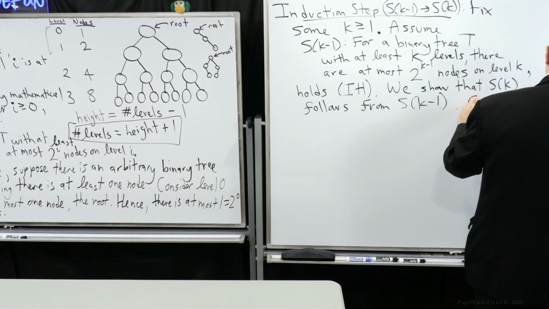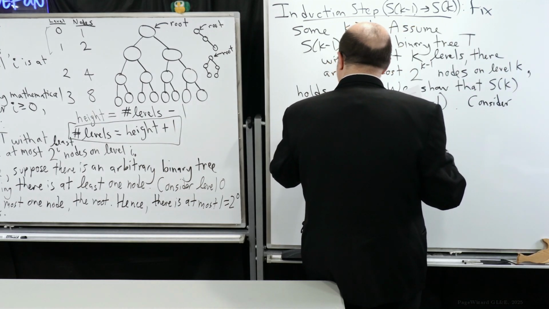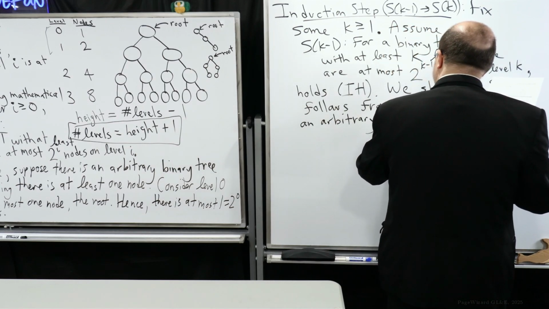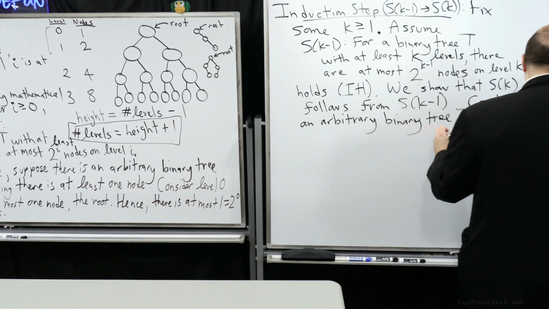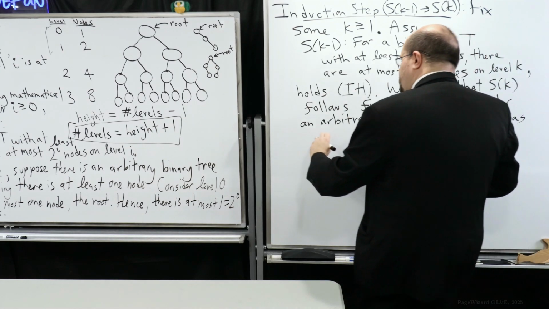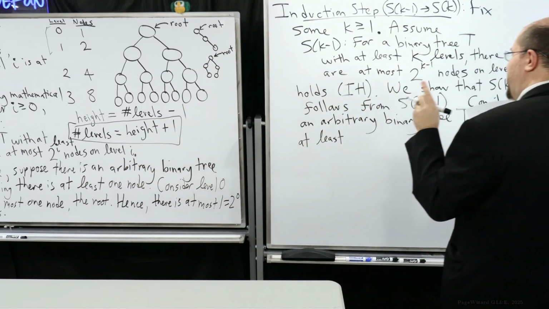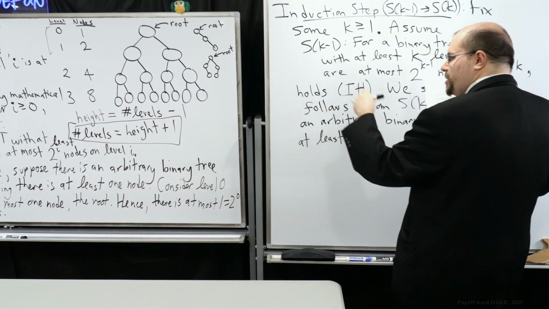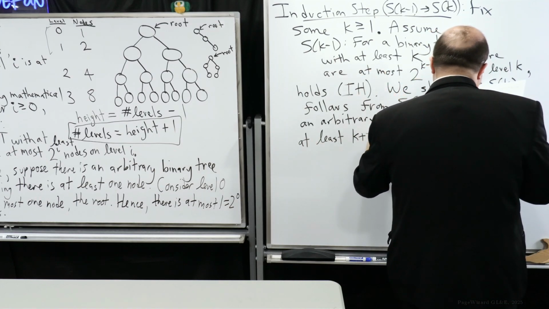So what we need to do is consider an arbitrary binary tree T that has at least, now remember, for S of k it would be k plus 1 here, at least k plus 1 levels, just like we had i plus 1 over there.